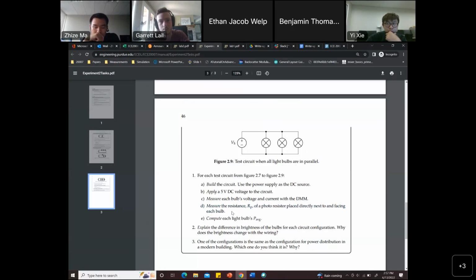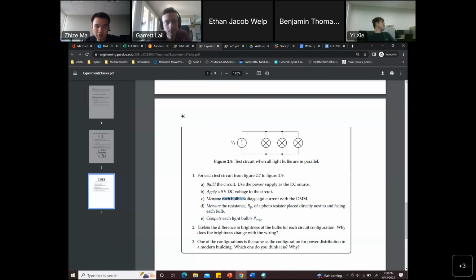Okay, then we are going to drop it. Yeah, go ahead and just drop that. We can still calculate the light bulb's power using the current coming out. Okay, we will drop step D here, so they don't worry about the photoresistor.